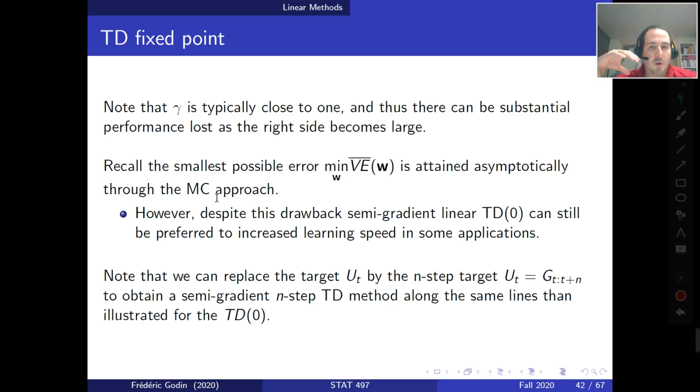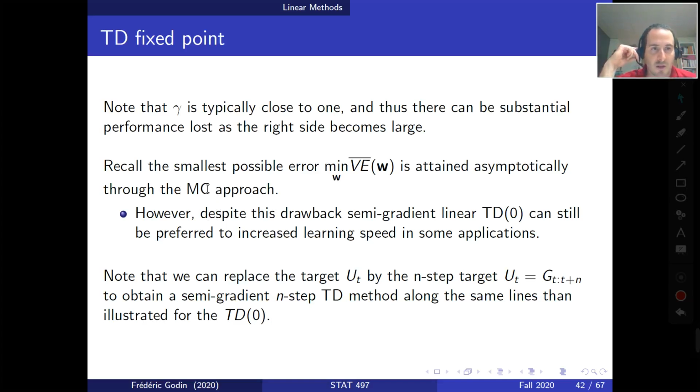So recall that if you want to converge to the true global minimum of the objective function, so if you want to get the best possible mean square error of the value function in that context of linear approximation of the value function, you can always use the Monte Carlo approach.